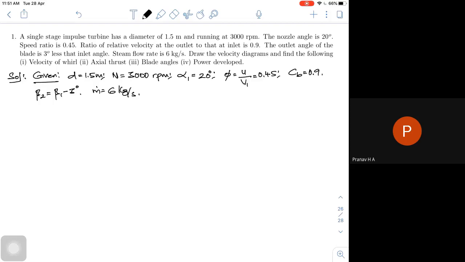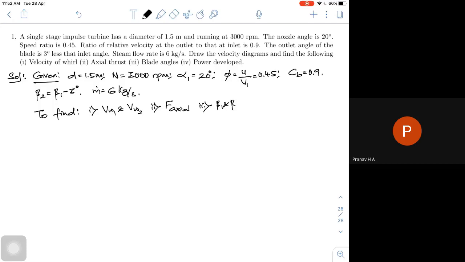And what are we supposed to find? We are supposed to find the velocity of whirl at the inlet and the velocity of whirl at the exit. The second one is the axial thrust, and the third is the blade angles beta 1 and beta 2.